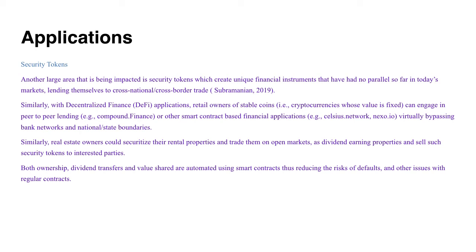You could issue security tokens. You can divest 25% of the equity in your house and give it out on the market without paying a transaction fee and raise capital for reusing in some other business. Both the ownership, dividend transfers, and value shared are automated using smart contracts, thus reducing the risks of defaults and other issues which happen with regular contracts.